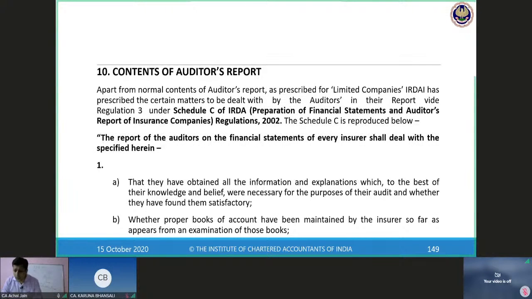So the report of the auditor on the financial statements of every insurer shall deal with the matters specified herein. 1.